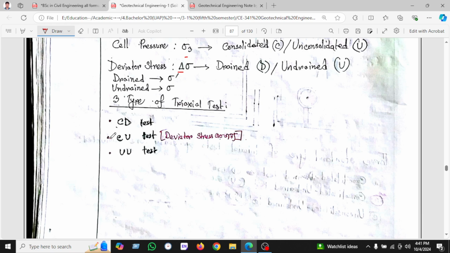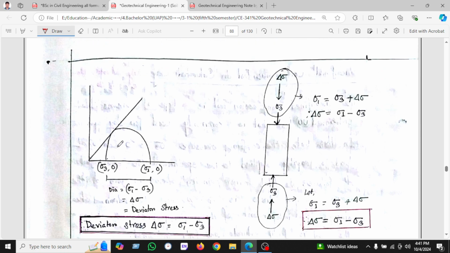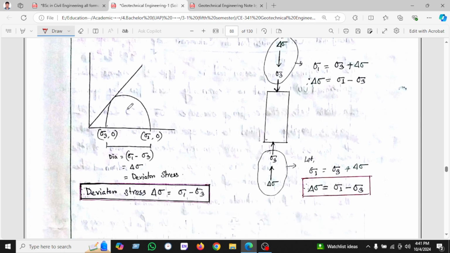We know the CU has the deviator stress. Here we can see the diagram. We can see this sigma 1 minus sigma 3. This is called the deviator stress. We can find out this deviator stress. These are the formulas we have seen here. Deviator stress is sigma 1 minus sigma 3.